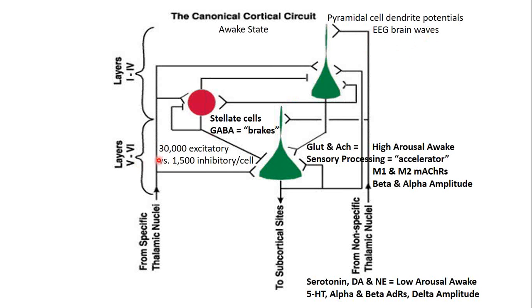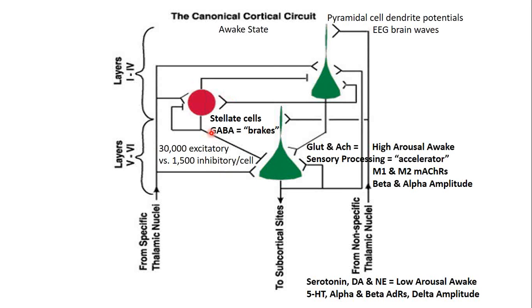Now, if we look down here, I have a comment that each of these cells, not just here, all of these pyramidal cells, consist of 30,000 excitatory inputs versus only 1,500 inhibitory inputs per cell. So there's a predominance of excitatory inputs. The inhibitory inputs are like, whenever we have control over our cars, we have to have an accelerator and we have to have a brake.